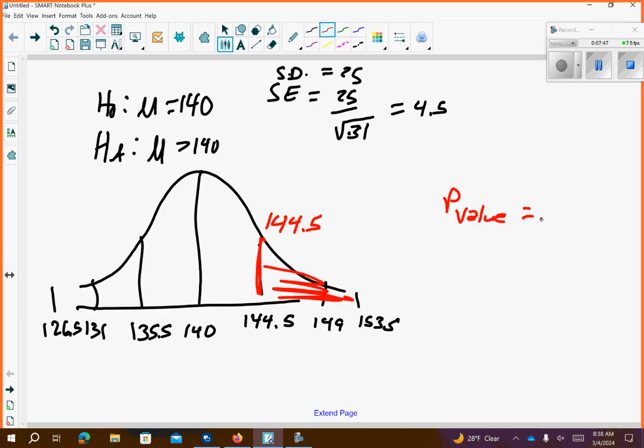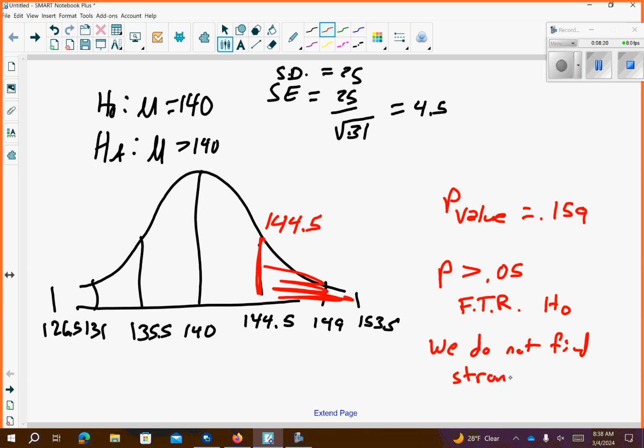So our p-value is 0.159. Since our p-value is greater than 0.05, we fail to reject the null. We do not find strong evidence.